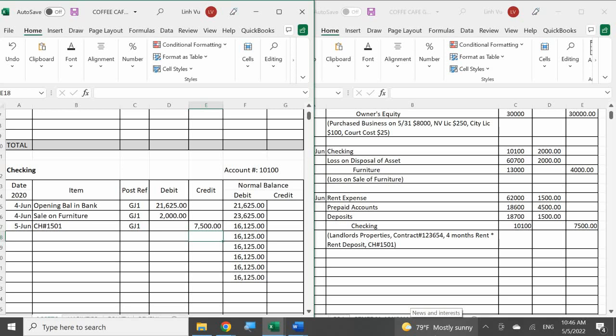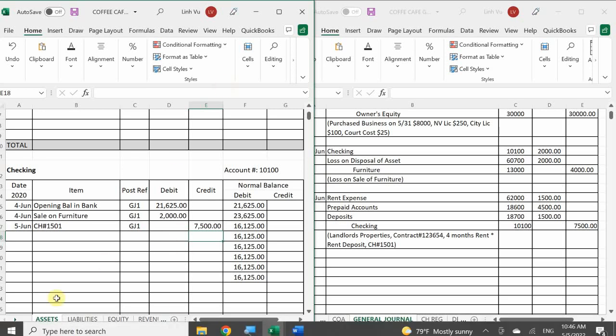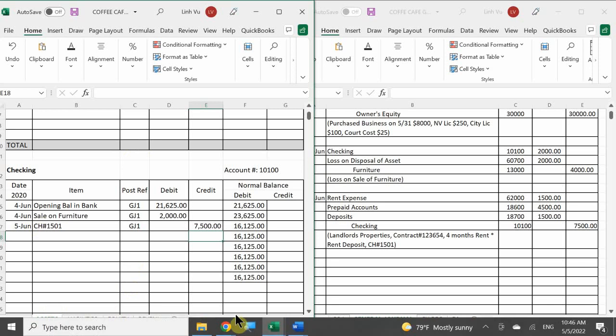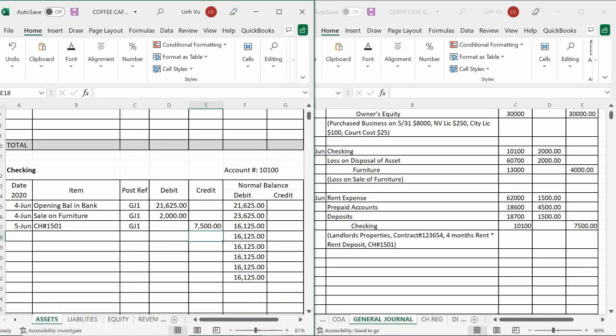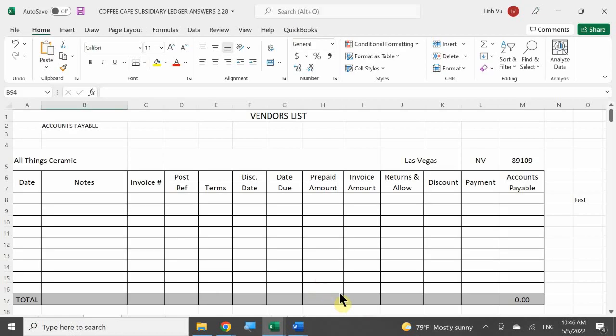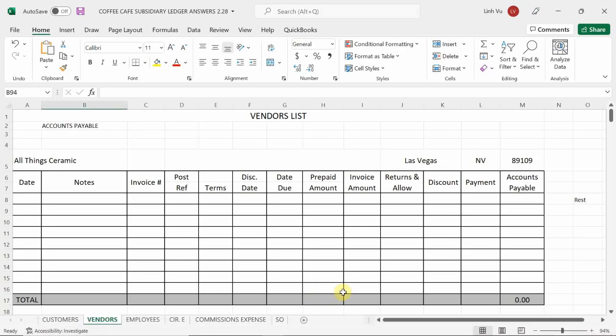So now, because I dealt with an individual, right? I dealt with a vendor who's providing me rent. They're providing me a service. So I have to go ahead and update my subsidiary ledger, because now my subsidiary ledger is going to be, again, a list of all the people that are involved in my business.